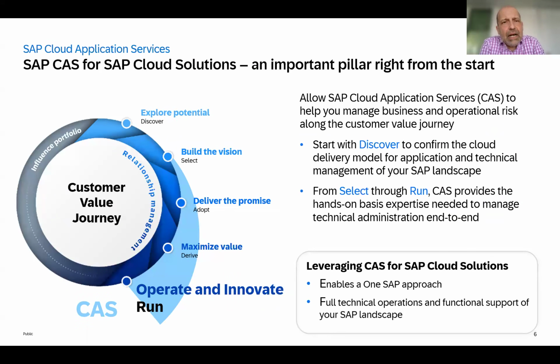As already said, of course, SAP CARS is working with you already if you wish, from the start of the customer value journey. That means we help you already in the early phases, but our main expertise is normally when the system has been set live and you start with the operations and run phase.